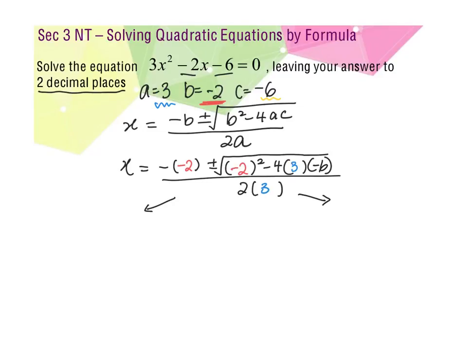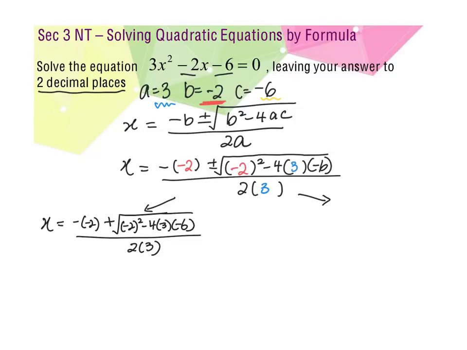Now the first solution is x equals negative b plus square root of b squared minus 4ac over 2a.